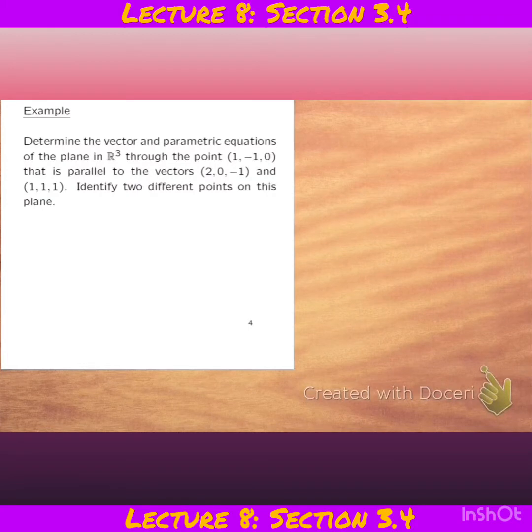Okay, so let's look at that example. Determine the vector and parametric equations of the plane in R3 through the point 1, minus 1, 0, that is parallel to those two given vectors. If we look at our equations, the vector x is the vector x0 plus t1 v1 plus t2 v2.